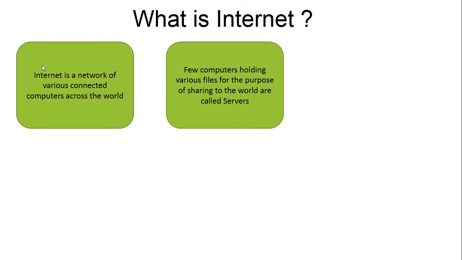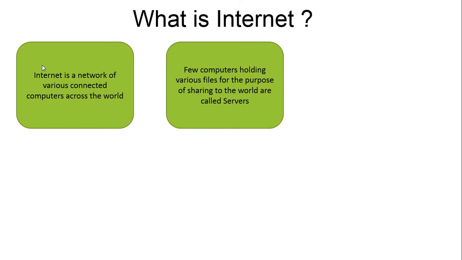There are a few big computers out there which hold various files for the purpose of sharing them with the world, and these big computers are known as servers. So these are the locations, or these are the resources, which hold the files that we seek on our browser. Every file, every video, every page that you see on the browser is somewhere kept on these servers.